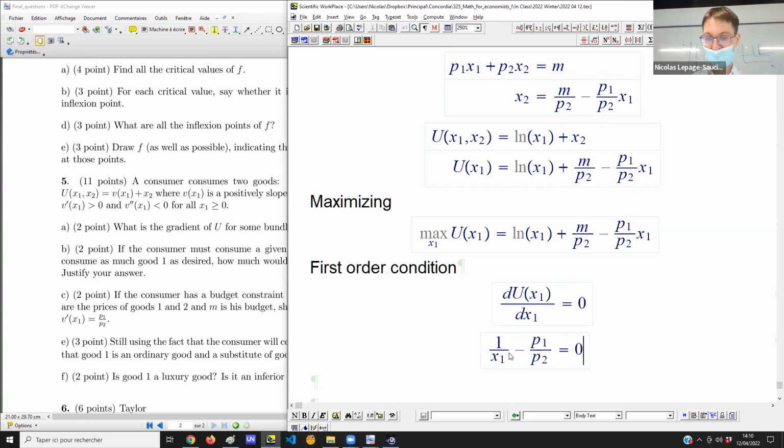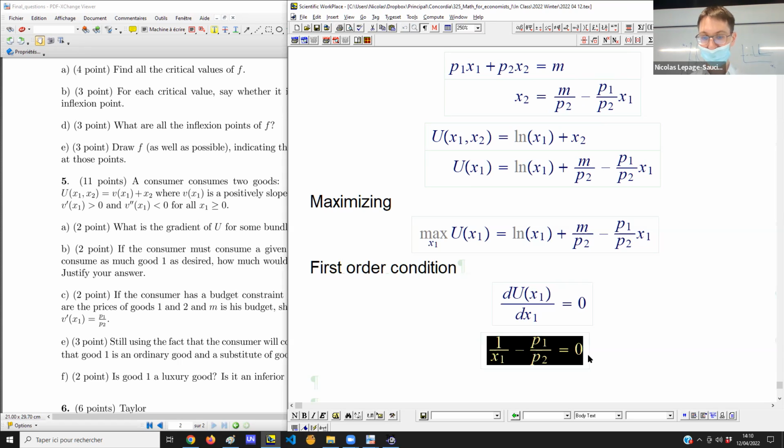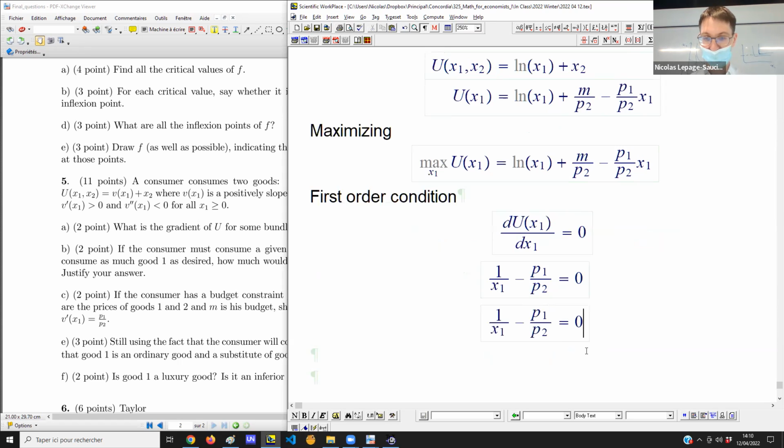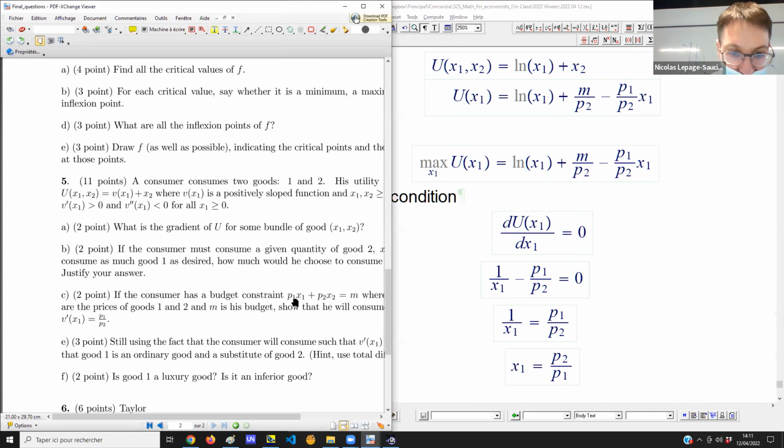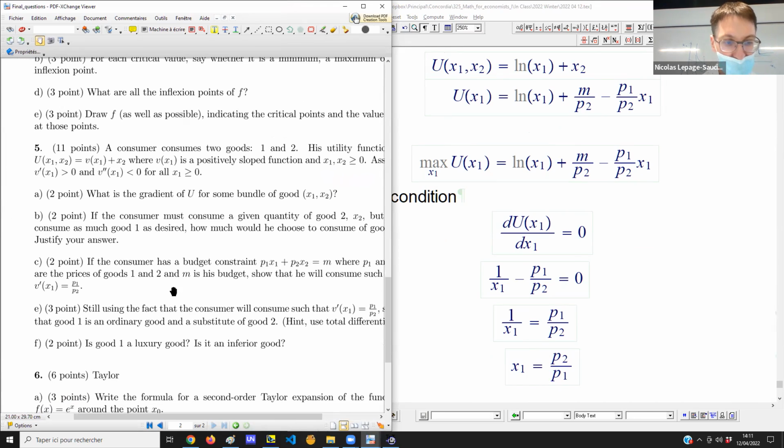And as expected, or as you were suggesting, we find x1 equals p2 over p1. Of course, so v prime of x1 is 1 over x1.